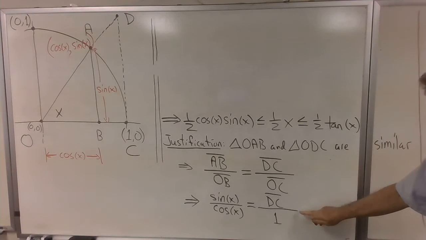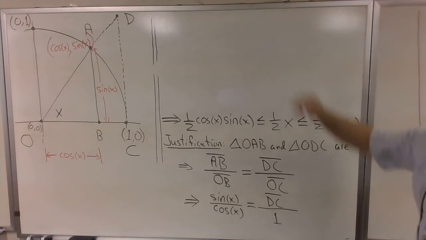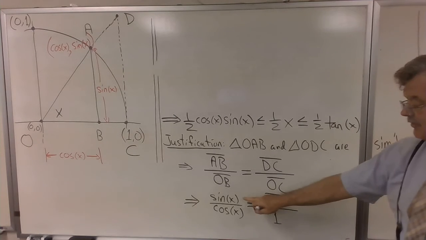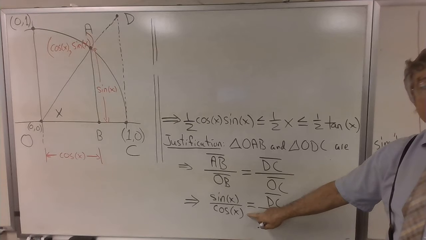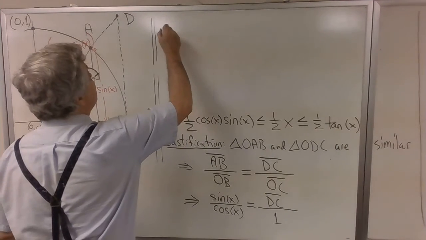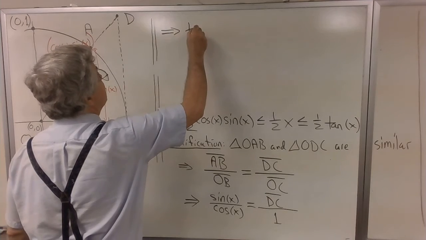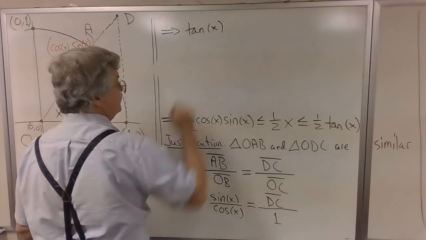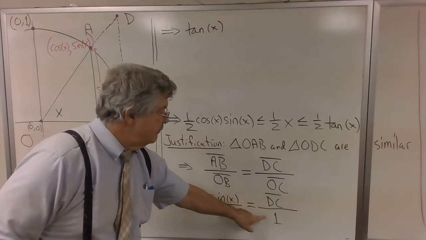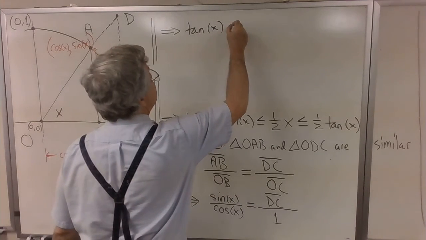And I'm going to have to continue this up above because of lack of board space. Sine x over cosine of x. What is that? It's tangent x. And DC over 1 is DC.